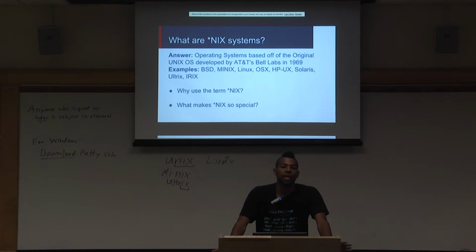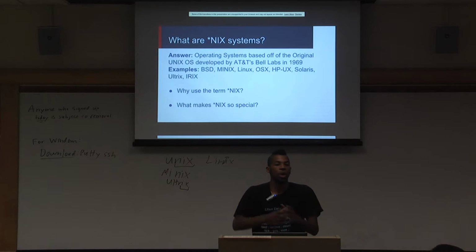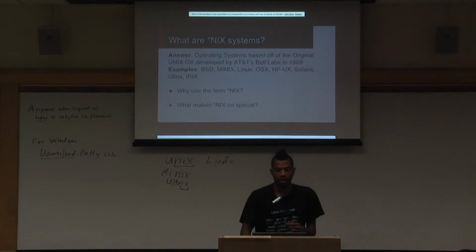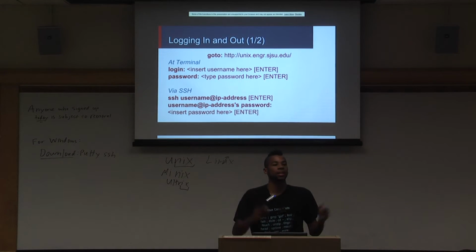Moving and renaming are the same exact thing. There's also the way memory was handled, its small size compared to larger systems that were huge and bulky like Windows used to be, its security, and the way you use networking. There's a whole bunch of different things that make Unix systems so special, but I'm not going to go over all of them because we have so much more to do today. Hopefully you'll see that in the next Linux tutorials.